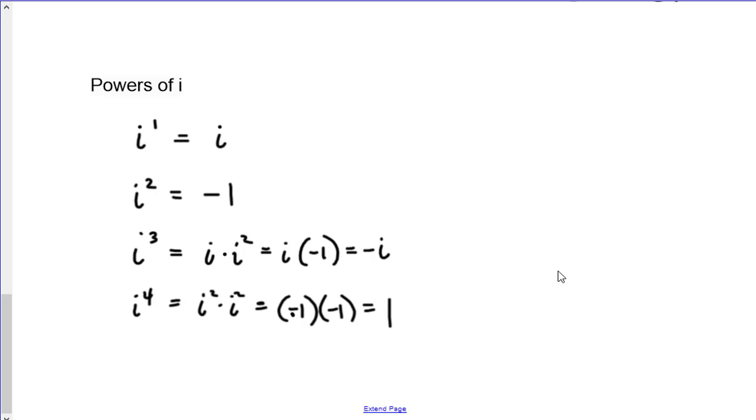So if you continue with these, like i to the fifth power, this basically then is i to the fourth times i, which is just i. i to the sixth would be i to the fourth times i squared, which would be negative 1. This actually repeats in a cycle. So once you get to the fourth power, this is kind of all the different values you see for powers of i.